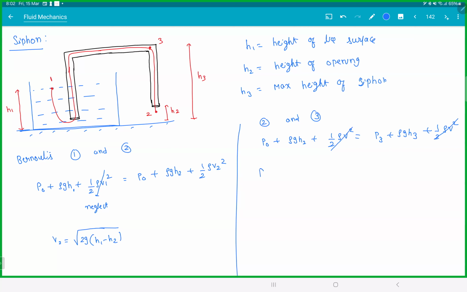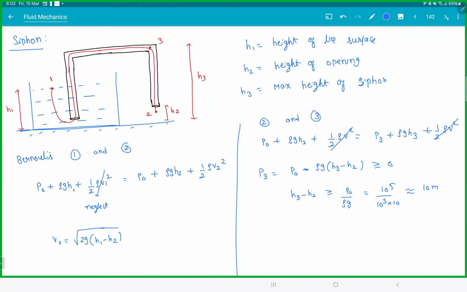You end up with P3 is equal to P0 minus rho g (h3 minus h2). But I know pressure should be always greater than or equal to 0. So (h3 minus h2) should be less than or equal to P0 by rho g. So if you're taking water here, this is 10 power 5 by 10 power 3 into 10, approximately 10 meters. What is the meaning of this? If you make the height of the siphon more than 10 meters, siphon will stop working.